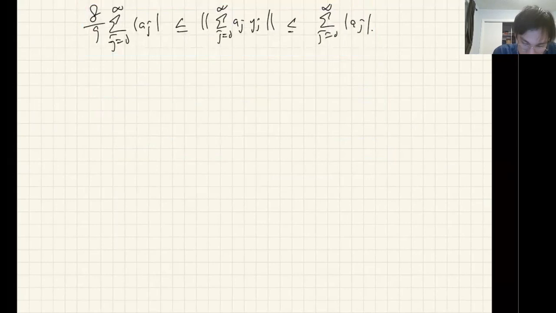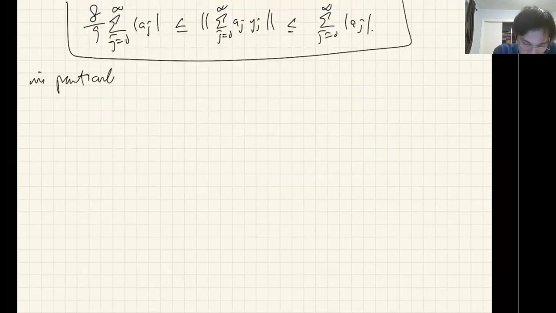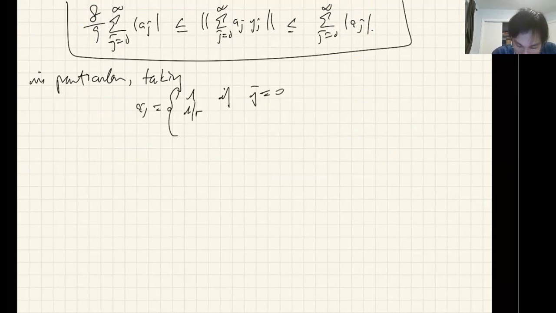Okay, so of course that's up here. So in particular, taking, let's say aj is equal to, let's try to draw a brace, 1 if j equals 0, 1 over r if 1 is less than or equal to j less than or equal to r, and 0 otherwise.